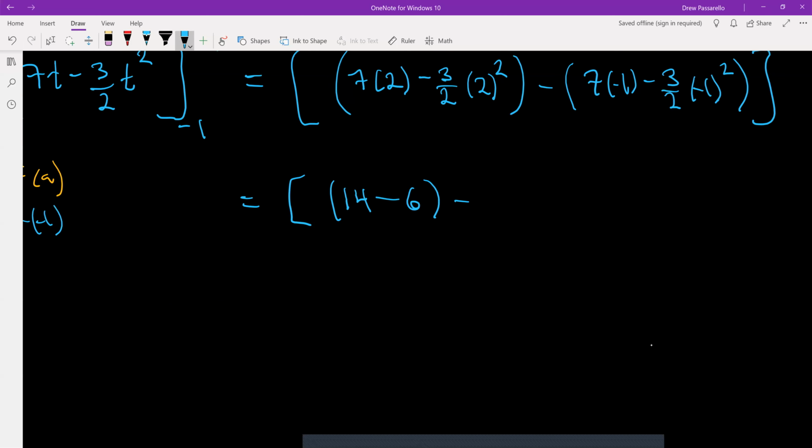And then minus, and then I have -7. And then -1 squared is +1. But I'm doing +1 times -3 halves is -3 halves. All right, and if you calculate all of that, you get 33 halves.